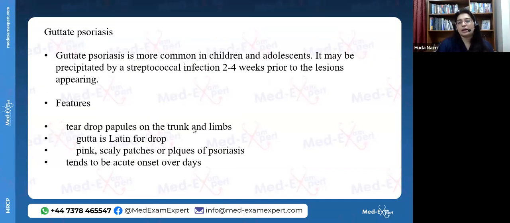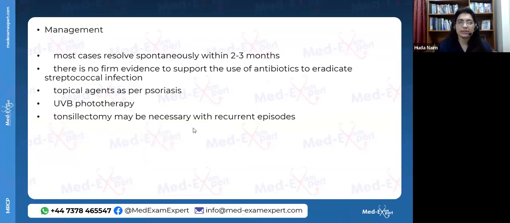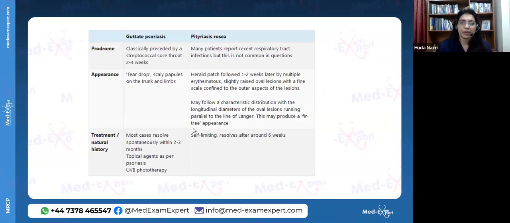So it's seen in children and adolescents usually, and is precipitated by a streptococcal infection. You have teardrop-like papules, and they have an acute onset and they tend to resolve within 2 to 3 months. But if you give them ultraviolet B phototherapy, that just hastens the recovery.